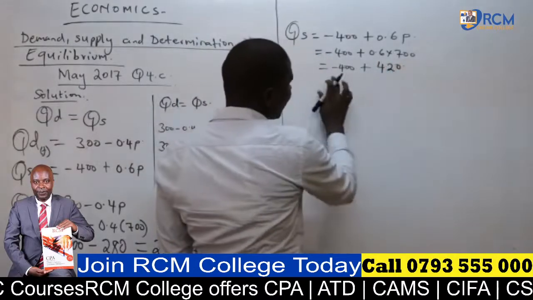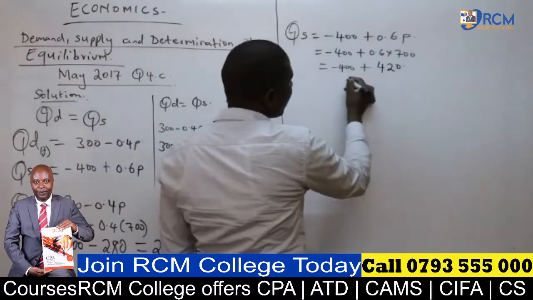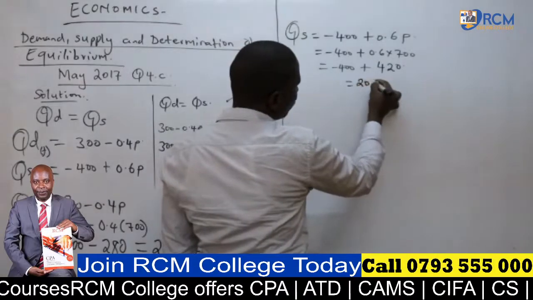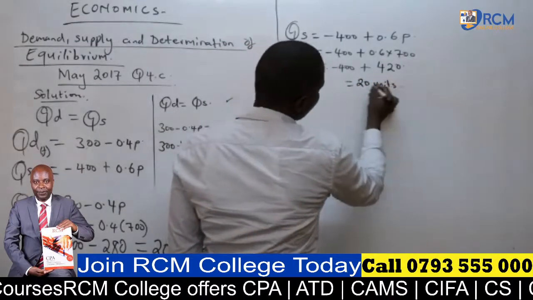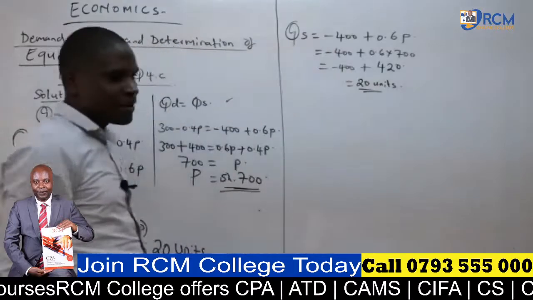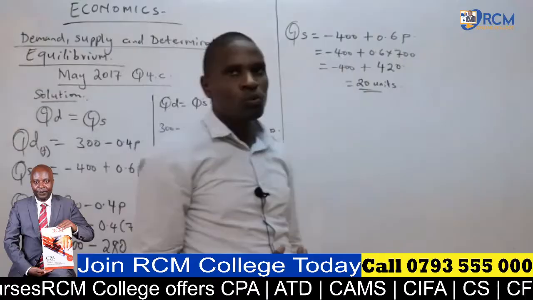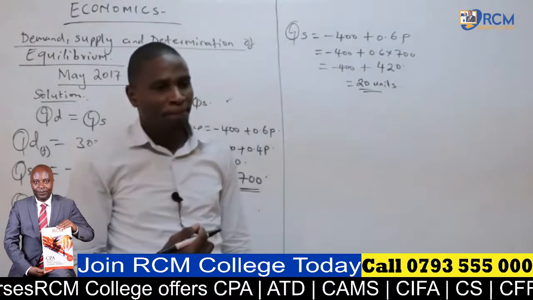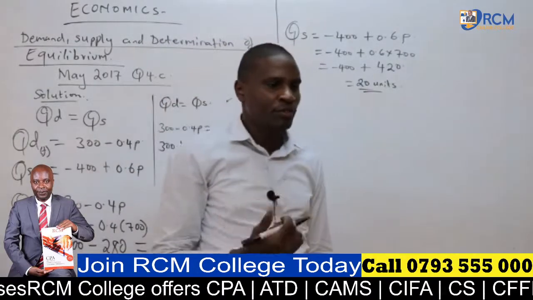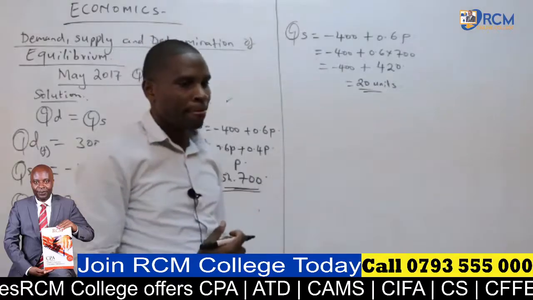Minus 400 plus 420, I'll get a positive 20 units. So that's proof: quantity supplied is equal to quantity demanded.